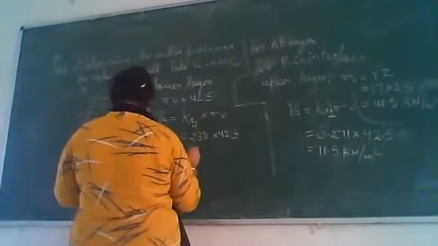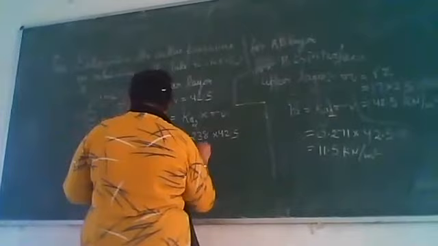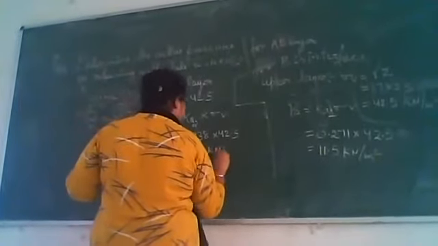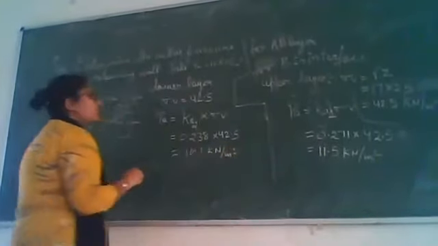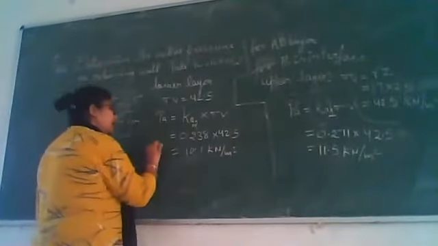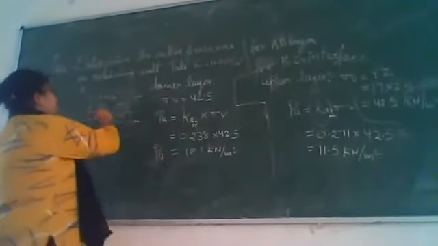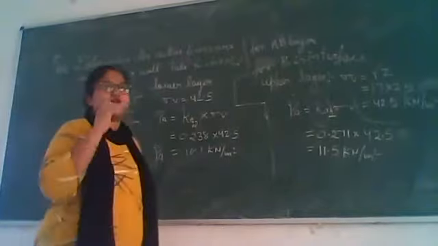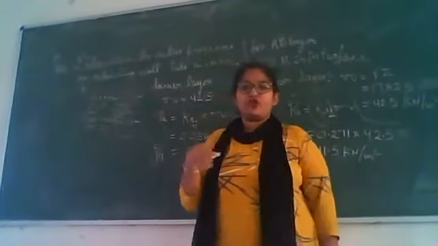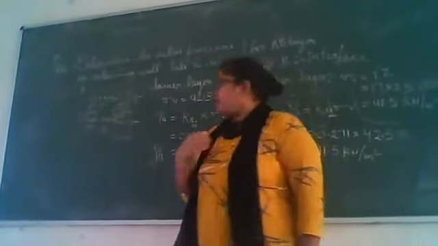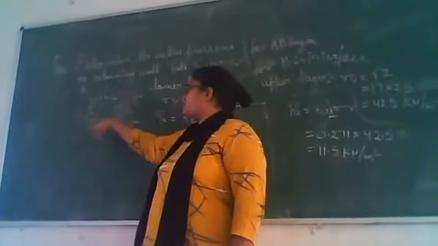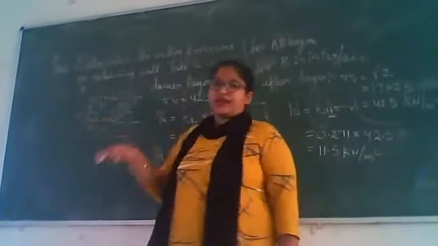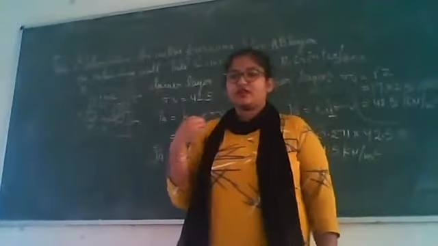The answer is 10.1 kilonewton per meter square. So this is our PA for the lower layer. Because B is an interface, we have to calculate for both the upper layer and lower layer, because the properties of both soils have different phi dash values. That's why we are doing this.